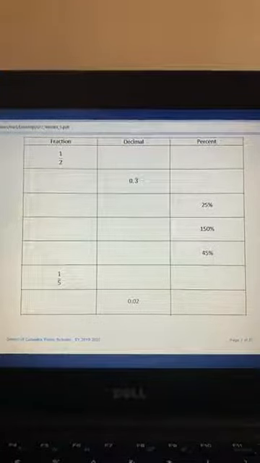Someone said go 2 times to the left, but you cannot move 2 times to the left unless you initially have a decimal. Right now we start out working with a fraction. I want to know in the comment section, how do you convert a fraction to a decimal?